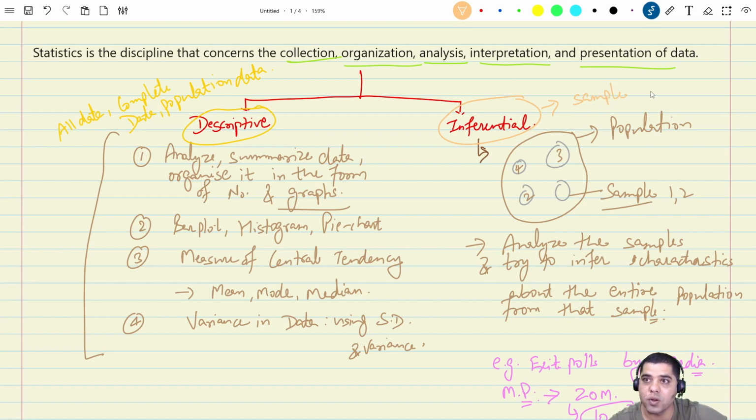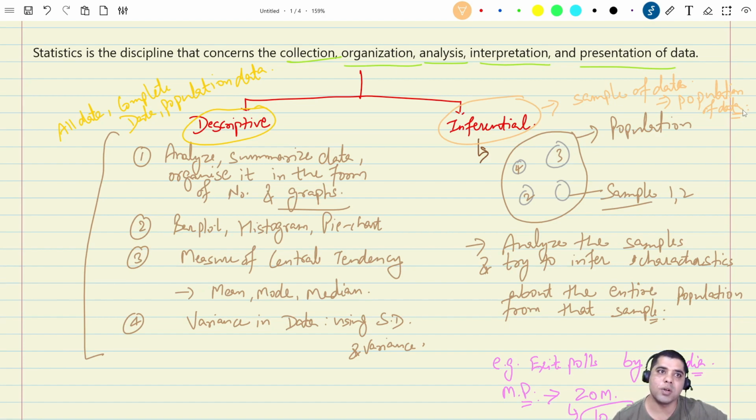We analyze the sample of data, and then we try to infer about the population. That's why it is known as inferential statistics. Based on analyzing a sample of data, we try to infer different characteristics of the population of data.